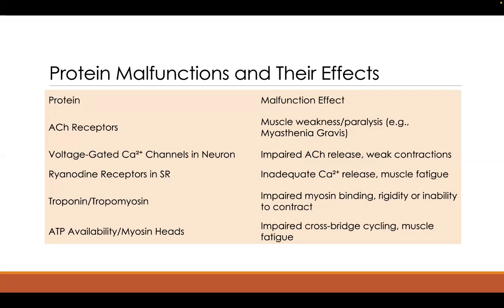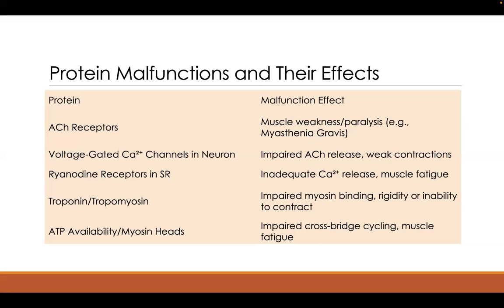Ryanodine receptors in the SR. If ryanodine receptors in the sarcoplasmic reticulum malfunction, the release of calcium ions into the cytosol is impaired, leading to muscle fatigue due to insufficient calcium availability for contraction. Troponin and tropomyosin.